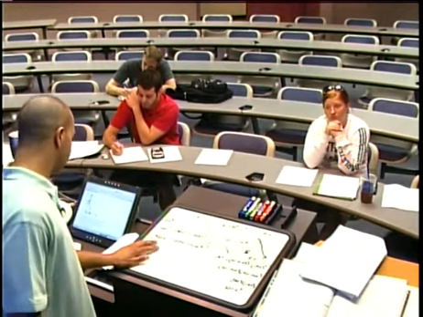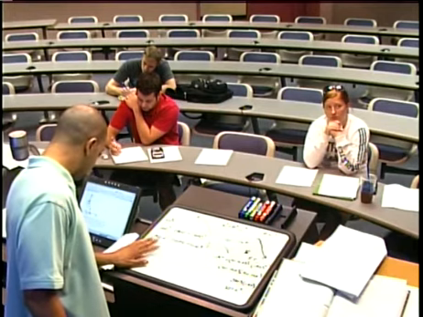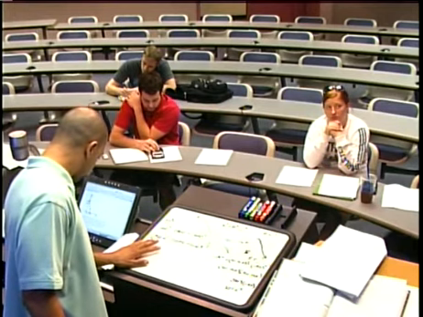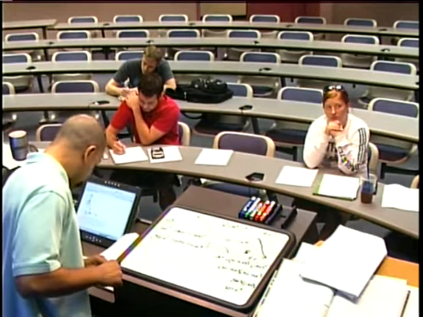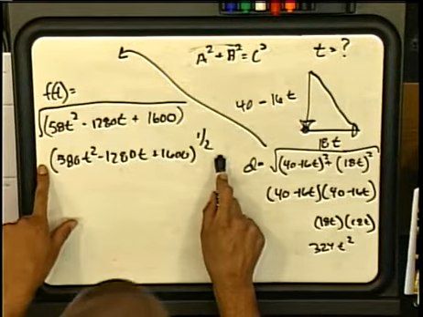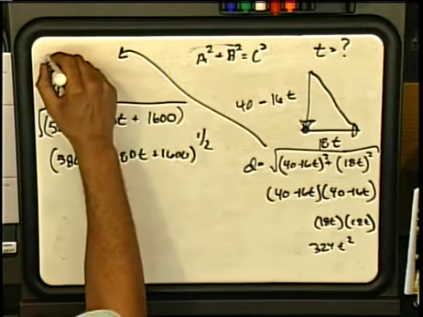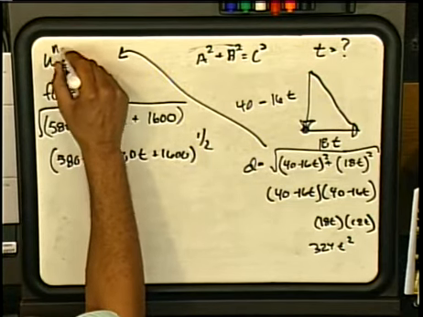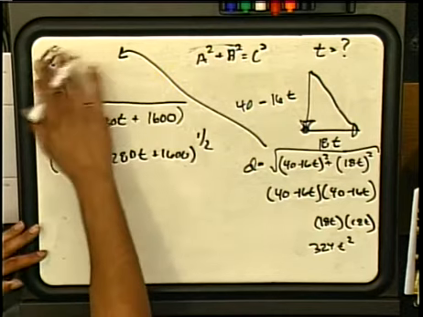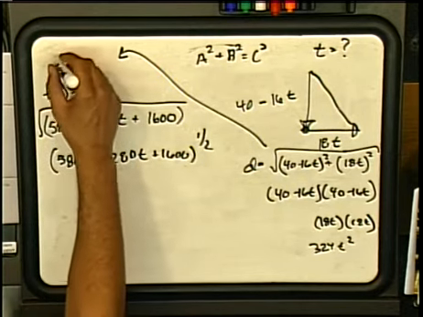All right, 40. And then take the derivative of this, which is 1/2 times this. Can you help me out with that?